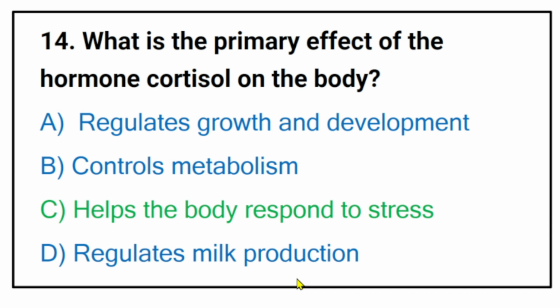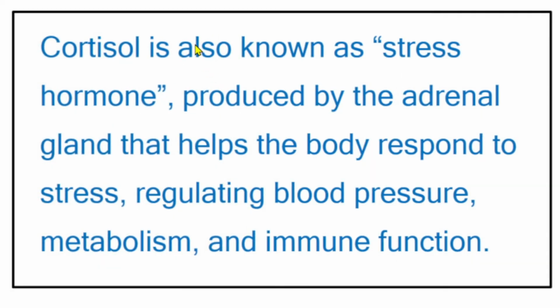Mainly adrenaline and noradrenaline help in the case of stress, but in some cases, cortisol also plays some role in managing stress level. Cortisol is also known as the stress hormone produced by the adrenal gland, that is adrenal cortex, that helps the body respond to stress, regulating blood pressure, metabolism, and immune function.